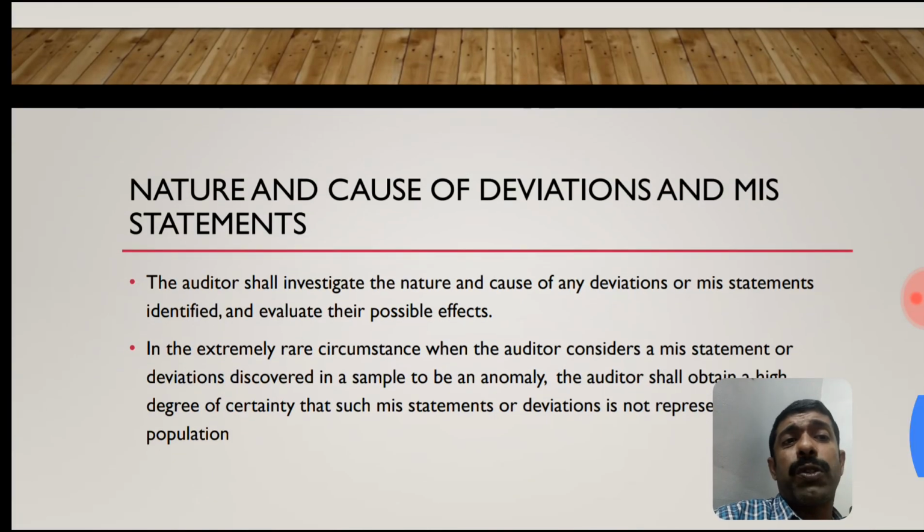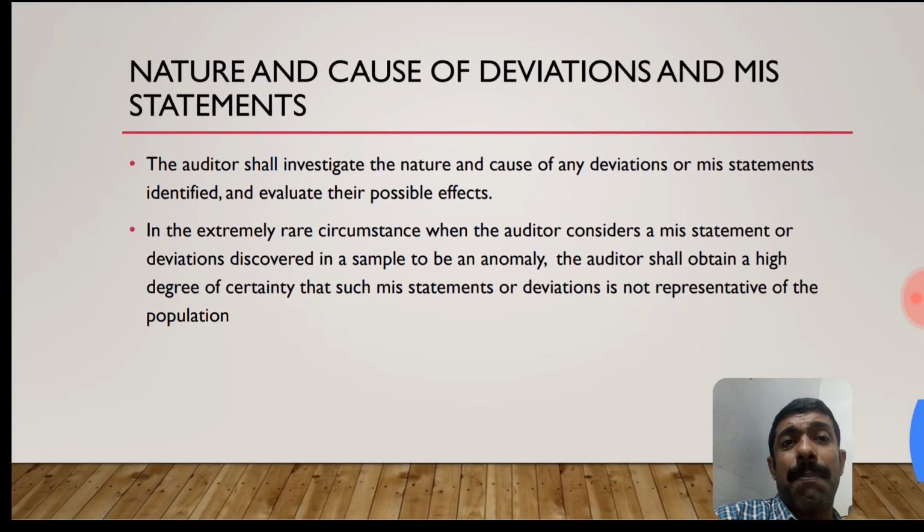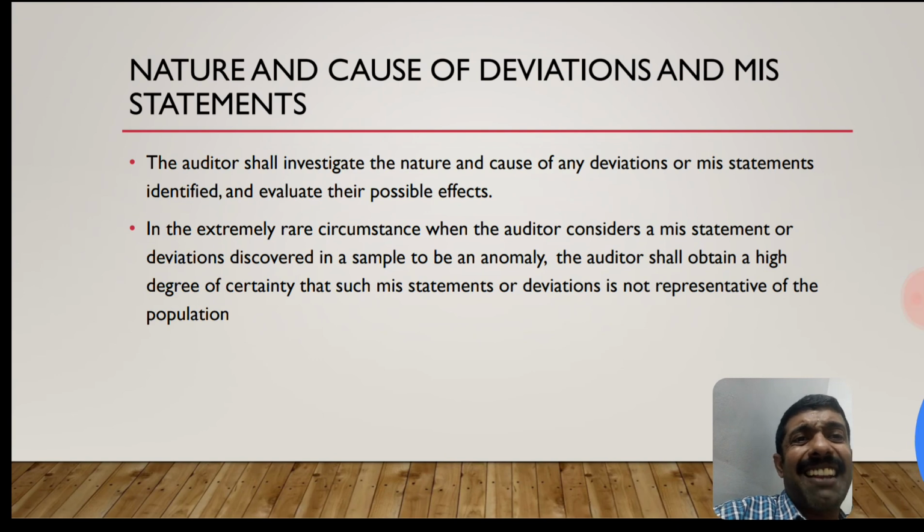Nature and cause of deviations and misstatements. The auditor shall investigate the nature and cause of any deviations or misstatements identified and evaluate their possible effects on the financial statements.